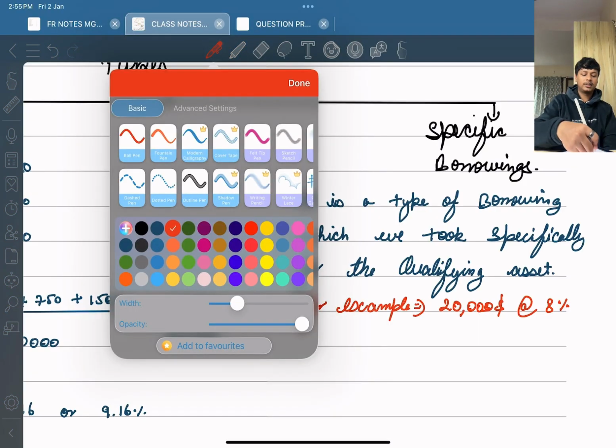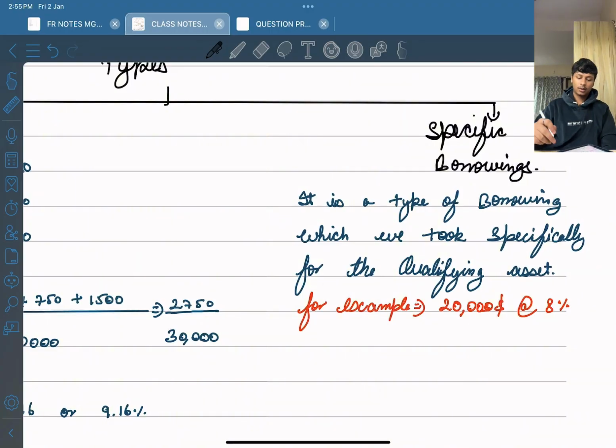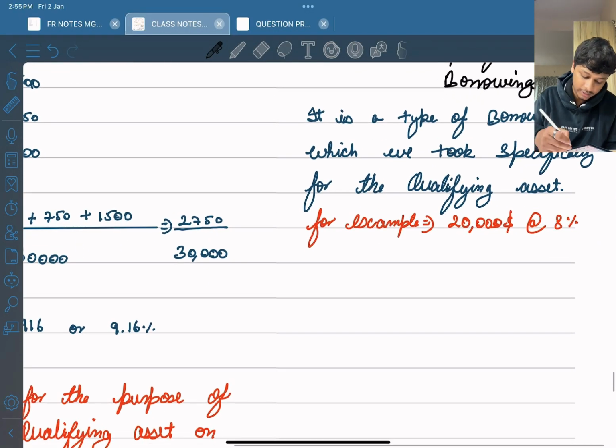Now, let's see what is the formula for the amount that we will capitalize.